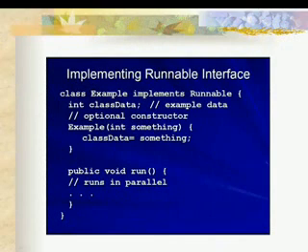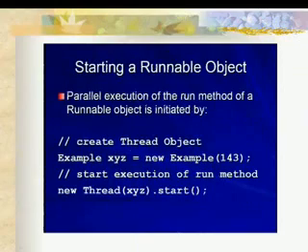Let's look at how to implement the Runnable interface and create a thread using that. Here also our class name is Example. Class Example implements the Runnable interface, and the class data is also there and the run method is also there. To create a thread with the implementation of the Runnable interface, as we did previously, we first initialize our object.